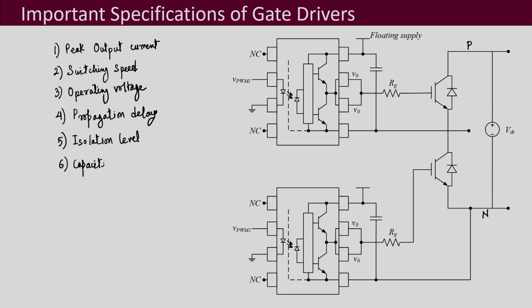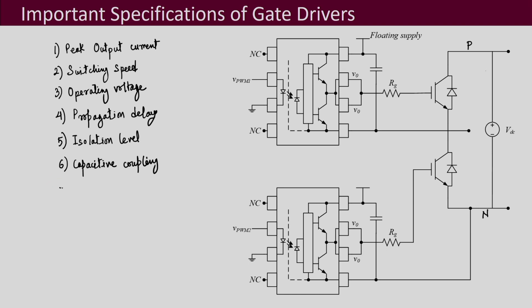Now as I told you for your floating power supply IC, similarly for your optocoupler based gate drivers also you will be having a coupling capacitor between this input side and output side. So that also you have to check, what is the capacitive coupling, it should not be too high.